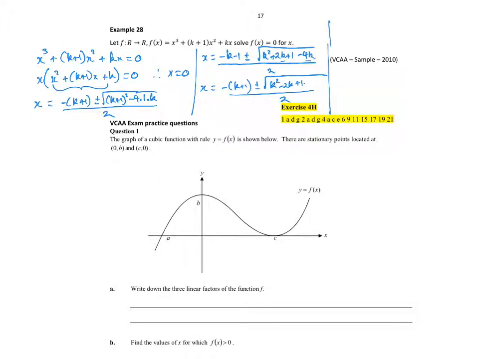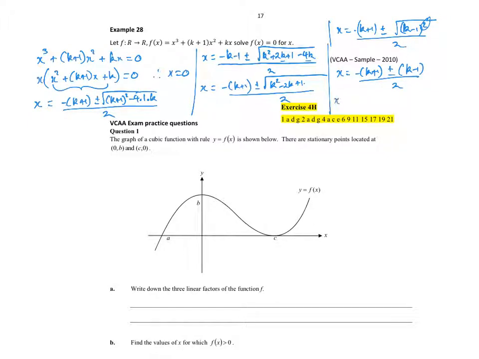So we're now going to have x equals negative k plus 1 plus or minus the square root of, that's equal k minus 1 all squared over 2. So I get x equals negative k plus 1 plus or minus. Now, square root of k minus 1 all squared, they cancel. So I get k minus 1 over 2.